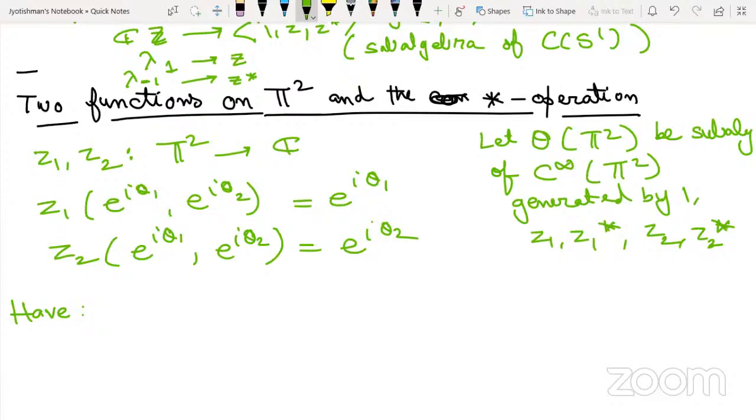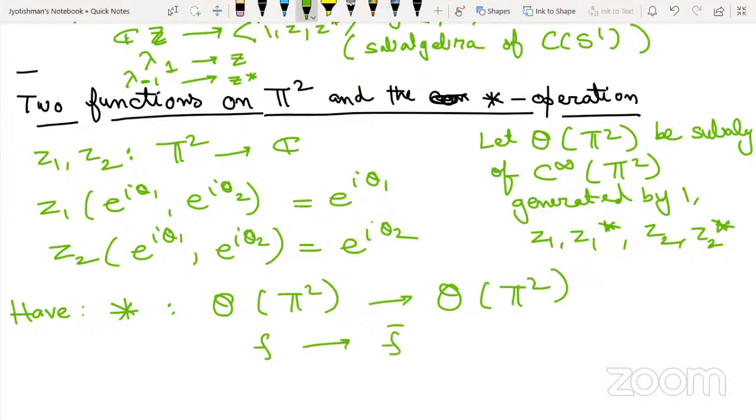So I have this star operation from OT2 to itself, which sends F to F bar. So F bar of xy is equal to F xy whole bar.